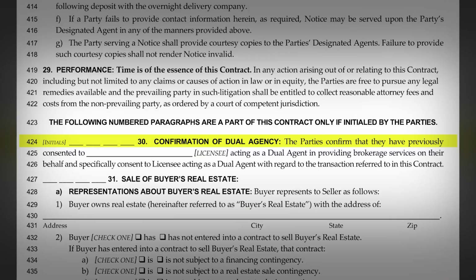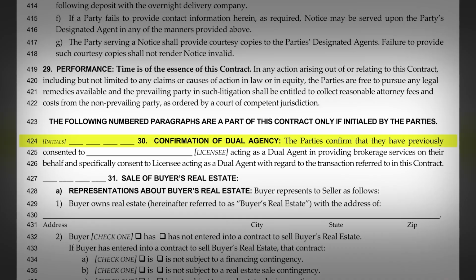Also on page 10, we have confirmation of dual agency, paragraph 30. Your buyer and seller will have already confirmed it on the listing agreement and the buyer agency. The purchase contract is another place, the second out of 3, where they both agree that this agent has permission to be a dual agent.